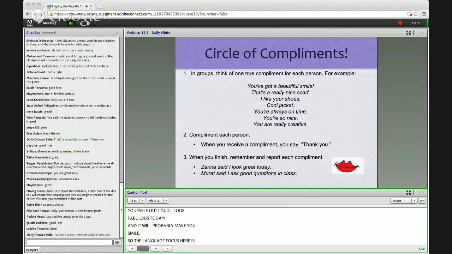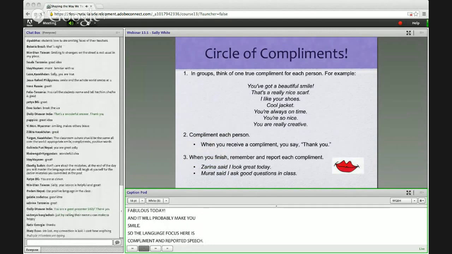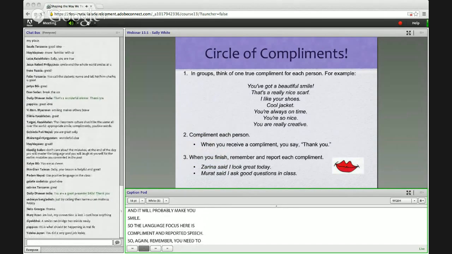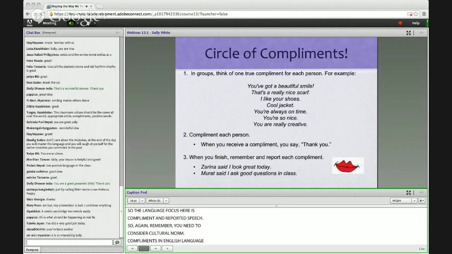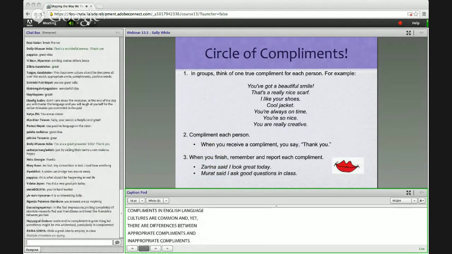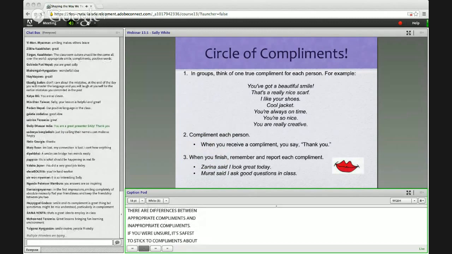So again, remember, you need to consider cultural norms. Compliments in English language cultures are common, and yet there are differences between appropriate compliments and inappropriate compliments. If you are unsure, it's safest to stick to compliments about personality and skills rather than complimenting physical appearance.